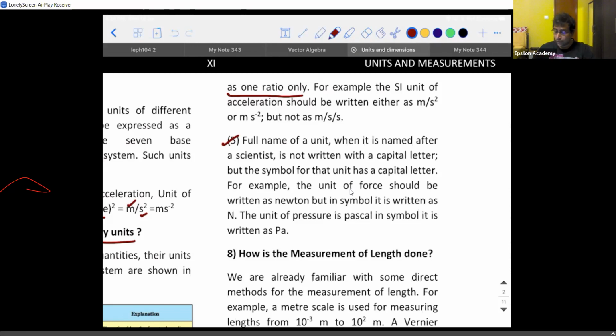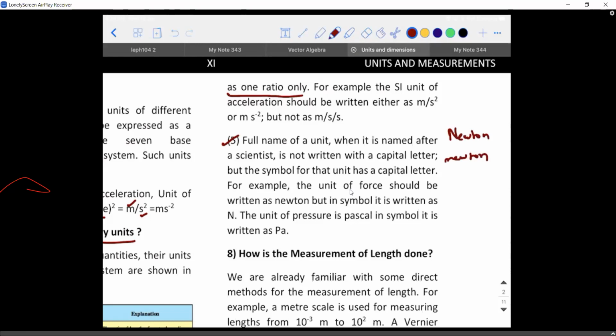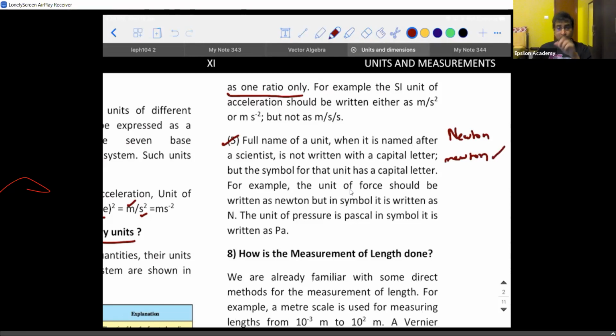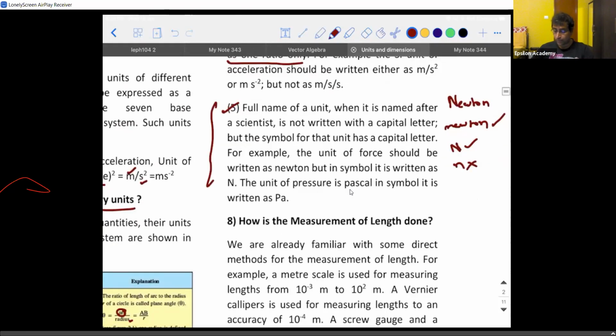In the sense, which one is right? First one or the second one? Second one. But when you write it in the form of a unit, that is, use the symbol, you will use capital N and you will not use small.